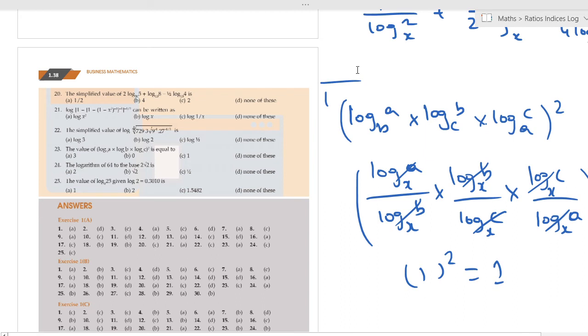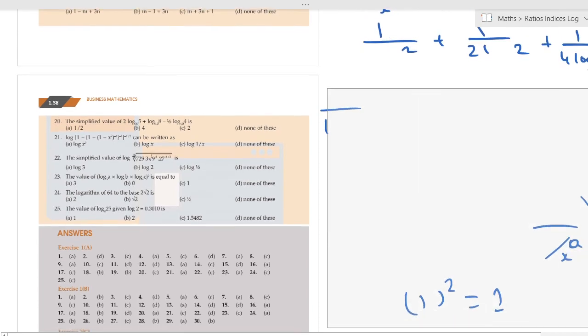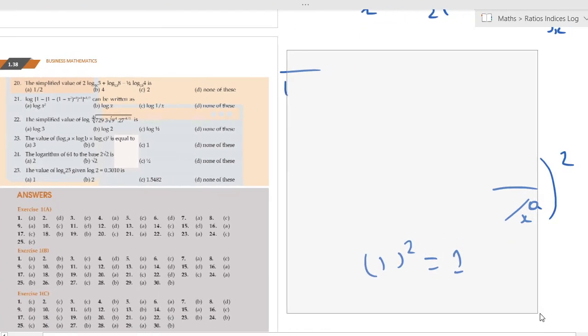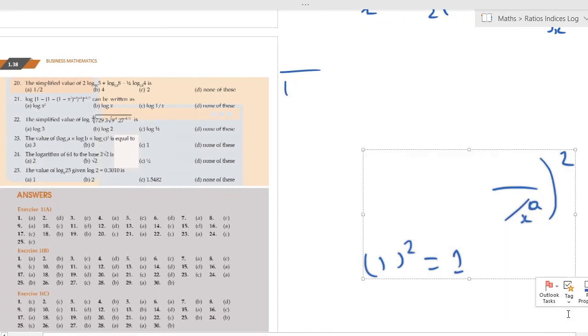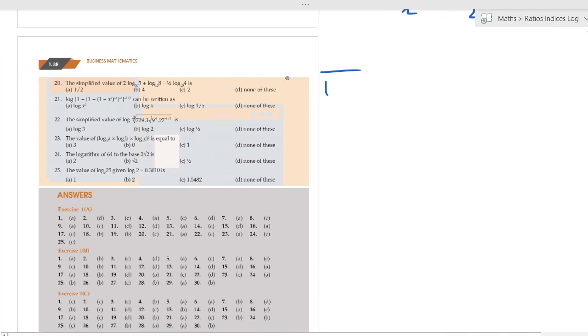And next we'll do the fifth one: log 25 to the base 8. So guys, we know the value of log 2.